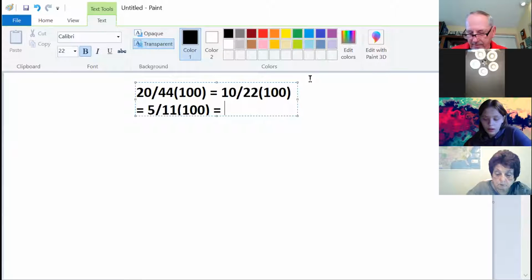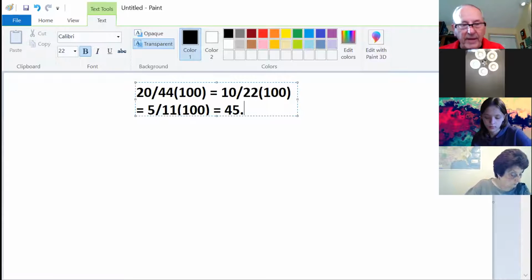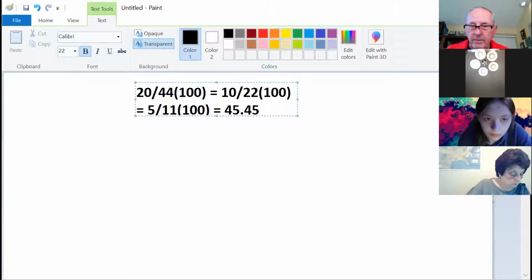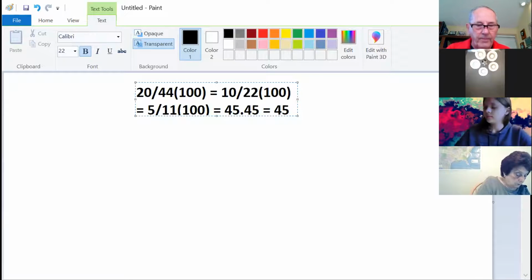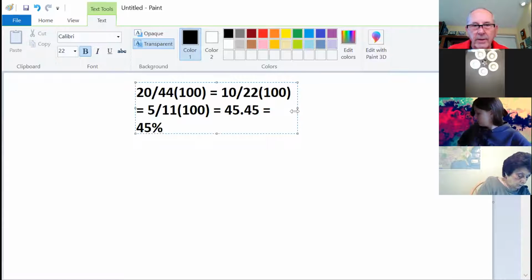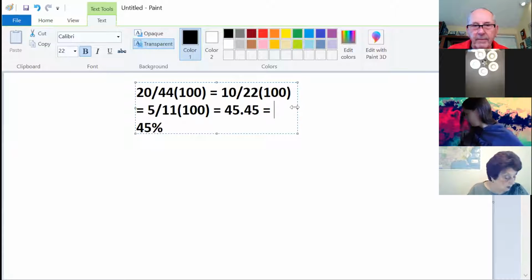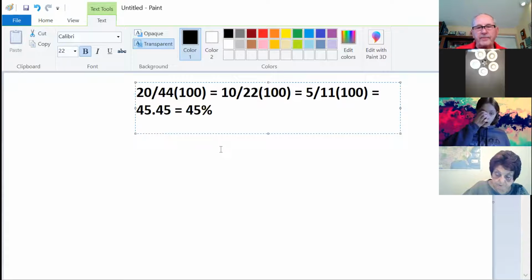It ends up 45. Is that one of the answers? Yes, it is. It's 45.45, but we're rounding. The closest answer on that sheet is 45, so that's your answer. That's how you do that.